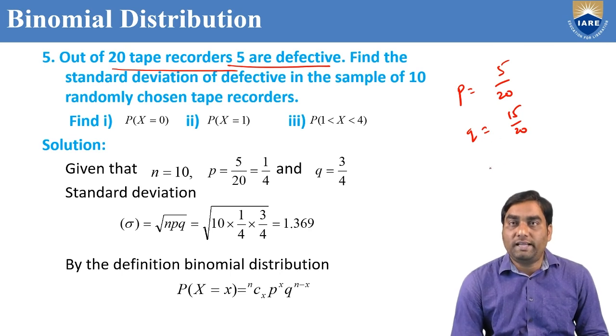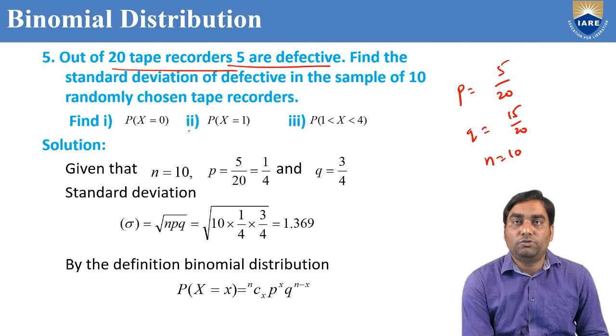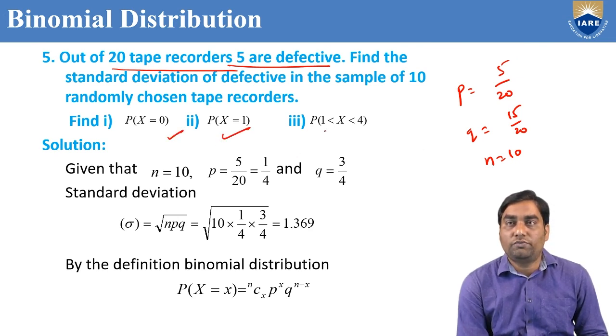In a sample of 10 randomly chosen, n equal to 10 is given. We need to find P of x equal to 0, P of x equal to 1, and P of 1 less than x less than 4. If you know the n, p, q values, we can find the standard deviation, mean, variance, everything. So square root of npq, all values you got, 1.369.